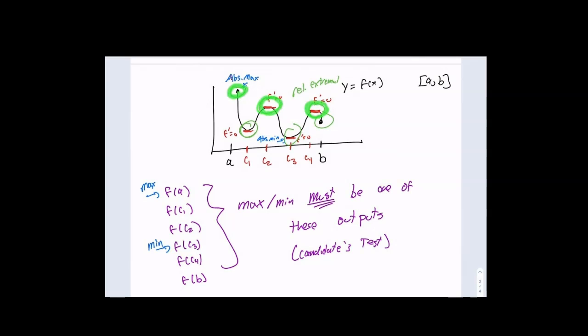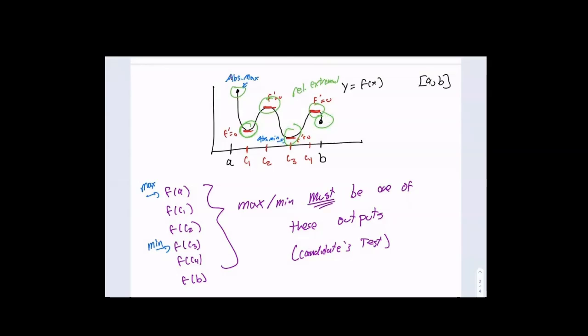So this graph on the closed interval, counting the endpoints, has three relative maximums. But only one relative maximum can be the maximum. And that one is this one over here, and it occurs at the endpoint. This graph has two relative minimums. Oh, sorry, three relative minimums. But only one of those three relative minimums can be the absolute minimum.